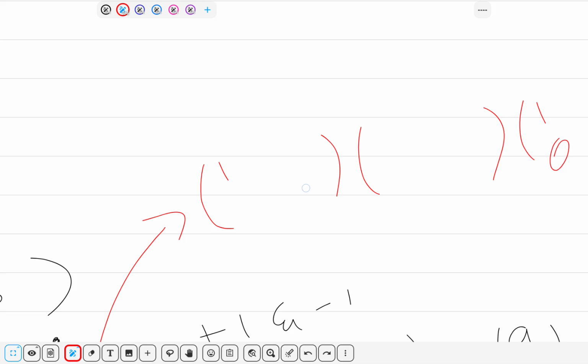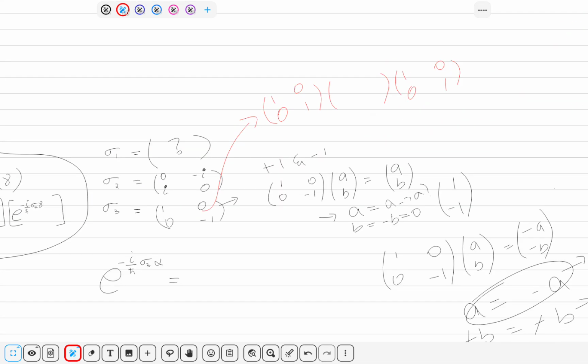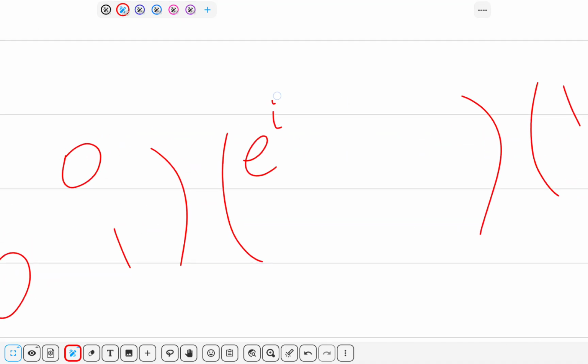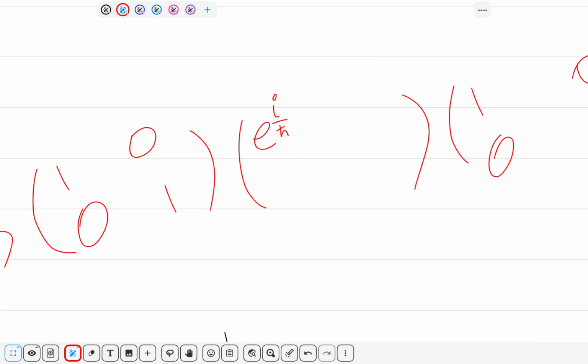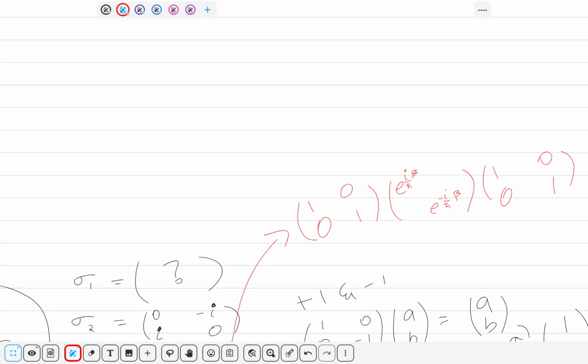And here I have to just write e to the power i over h-bar times the first eigenvalue and the second eigenvalue. So let me write lambda here on the top. Lambda is 1, so it will be e to the power minus i over h-bar times alpha, and e to the power i over h-bar times alpha.